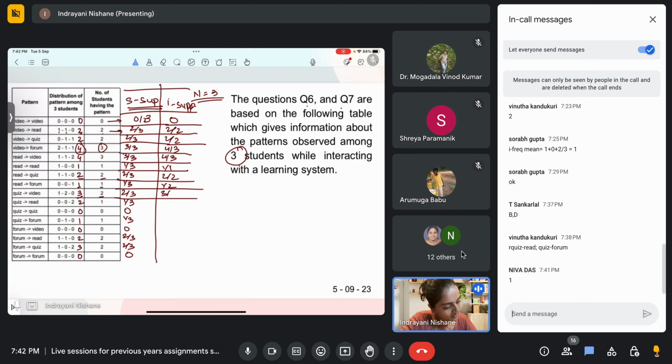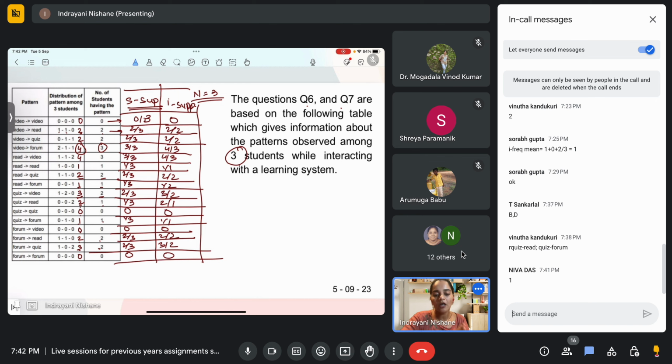So 3 divided by 2. This 2 divided by 1. 2 by 1. 0. 1 by 1. 0. 2 by 2, 3 by 2 and 0.